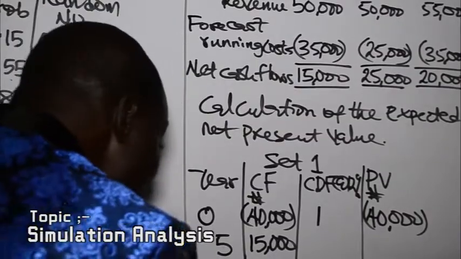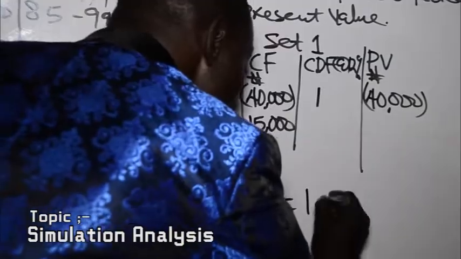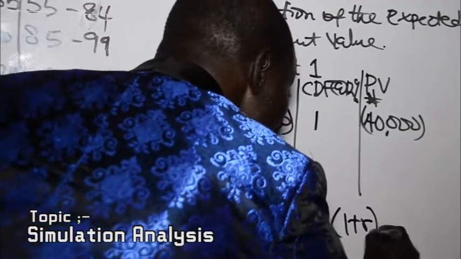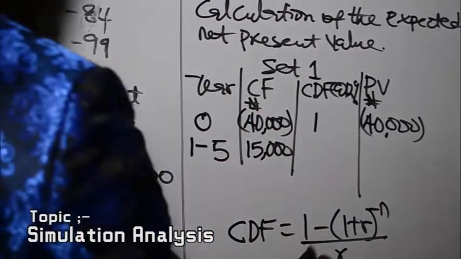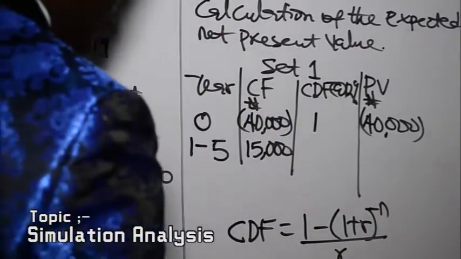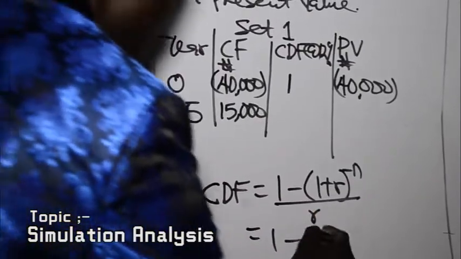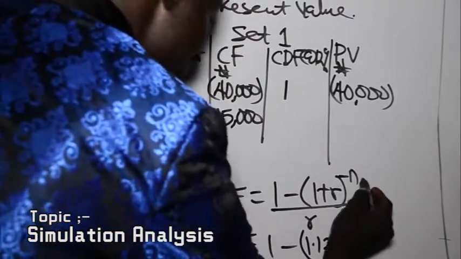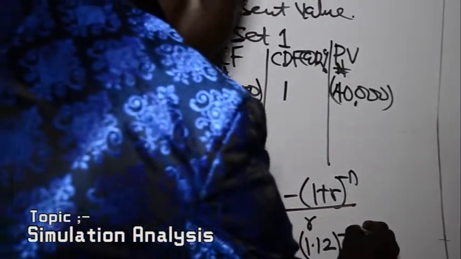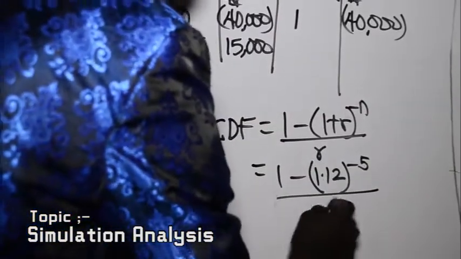To calculate the cumulative discount factor, you use the annuity formula, which is 1 minus (1 plus r) raised to the power minus n, over r. So that is 1 minus 1.12, since r is 12%, which is 0.12, raised to the power minus 5, the number of years, all over 0.12.